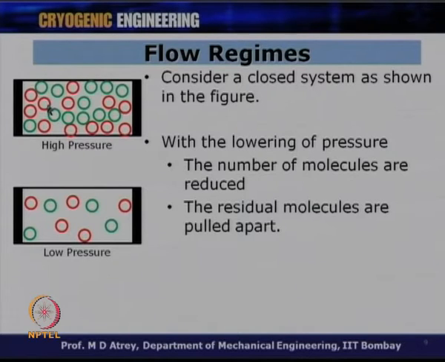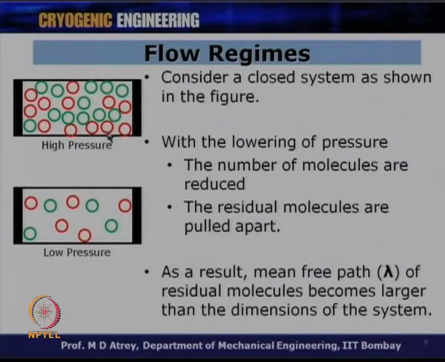Here it is a probabilistic model. Depending on what direction the molecules move, it will have a collision, and therefore, the length between the two collisions, the mean free path, in this case will be more as compared to what it is over here, and that is obvious from here.